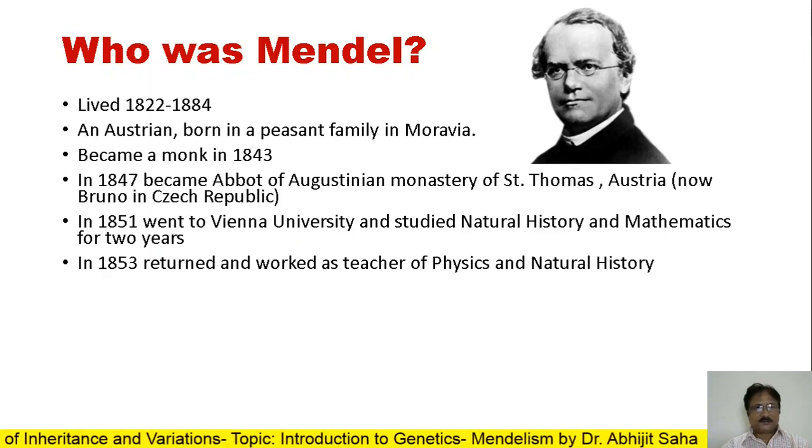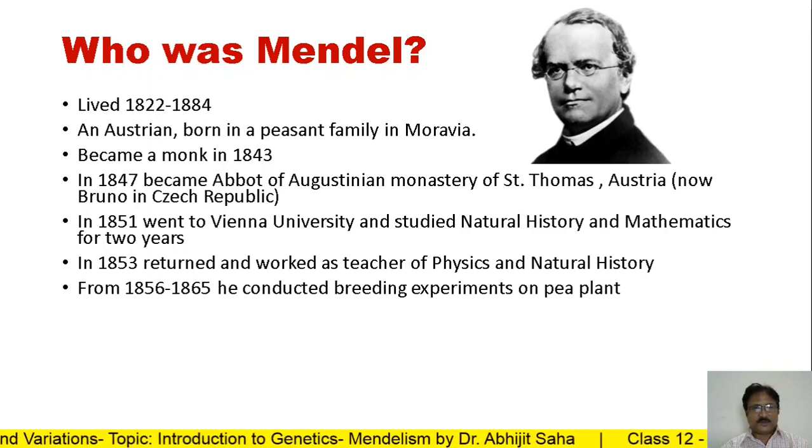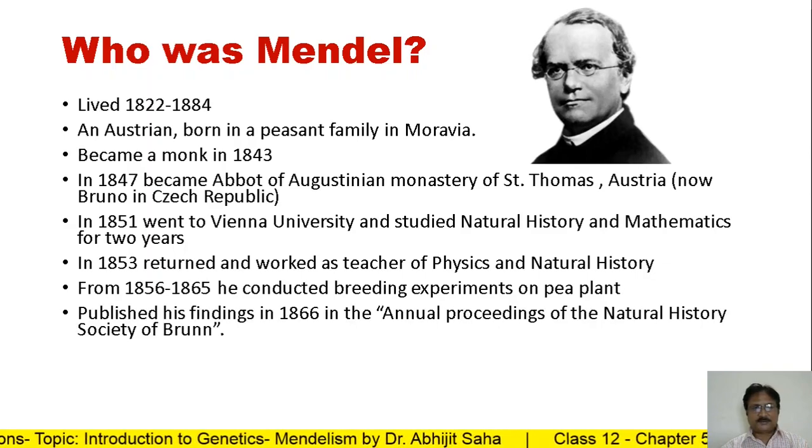After that, he returned in 1853 and started working as a teacher of physics and natural history. During this time of 1856 to 1865, he conducted breeding experiments on pea plants.